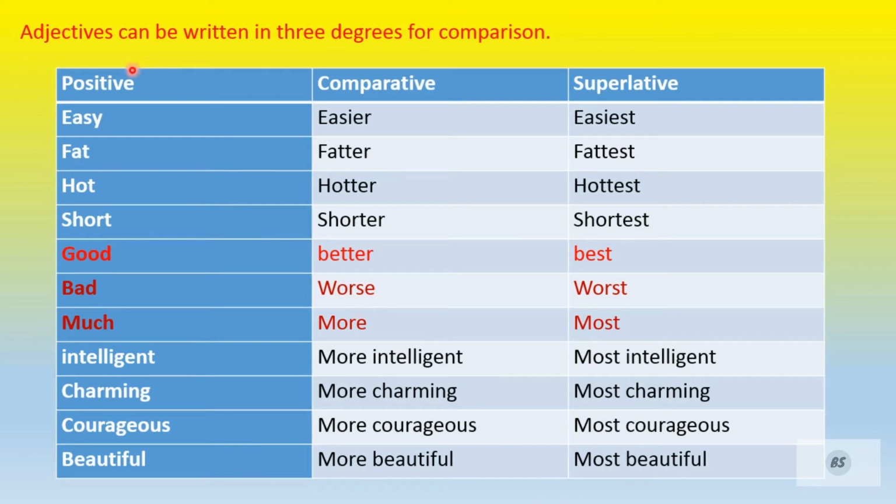Now why am I telling you all these 3 forms of adjective? Because when you have to do degrees of comparison, you will have to use these forms, positive degree, comparative degree, superlative degree adjectives. You have to know. If you don't know these words, then you will not be able to convert a sentence from positive to comparative or superlative.